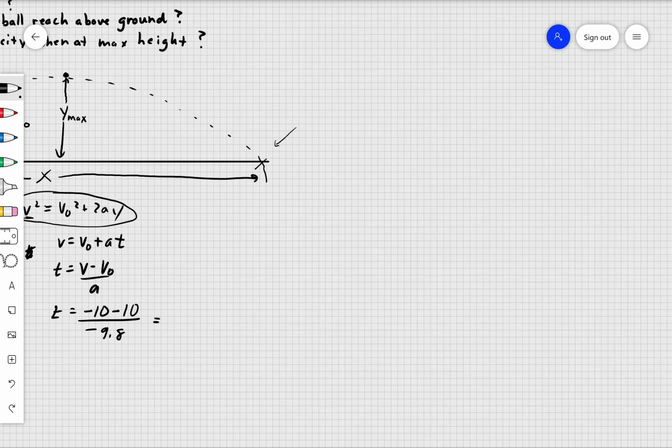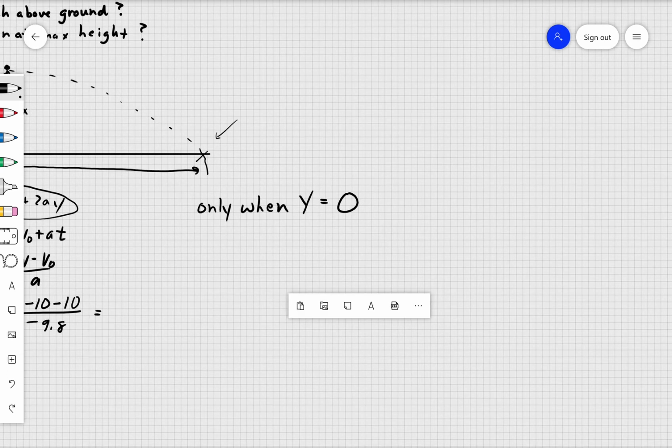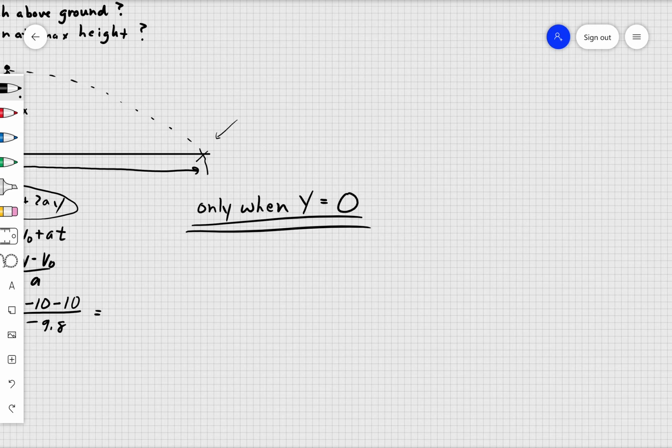And this is only when y equals 0. Only under those circumstances, then the range, right, which is the x displacement, is, let's see, v squared sine 2 theta over g, and that's a magnitude only.